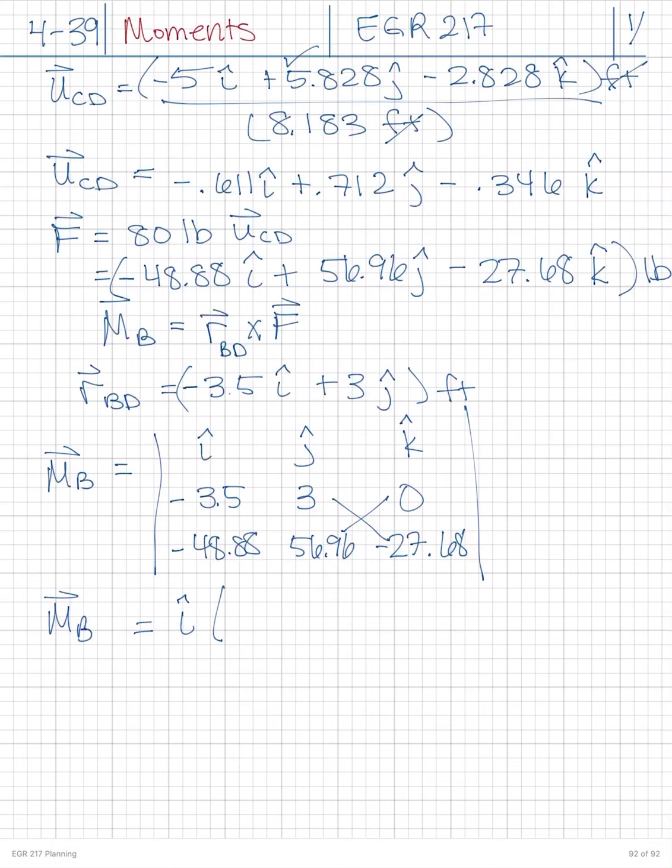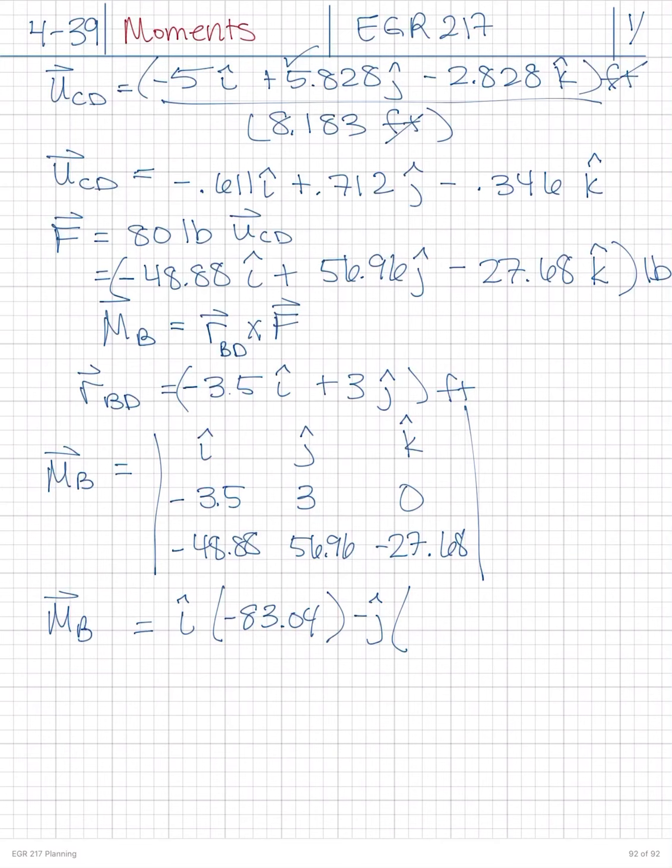So 3 times 27.68, so that's negative 83.04, and then minus 0, and then minus J times, and then we do the same thing where you sort of cross out that J side, and it's negative 3.5 times 27.68 minus 0 times that 48.88.